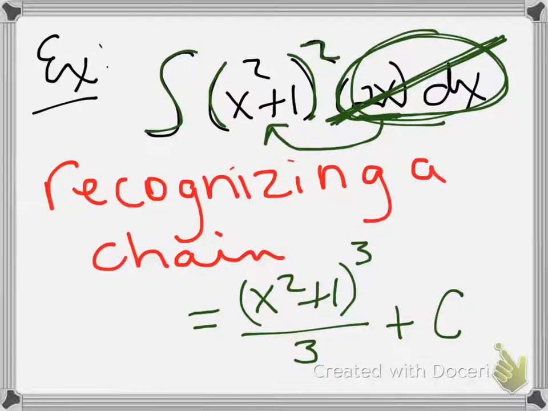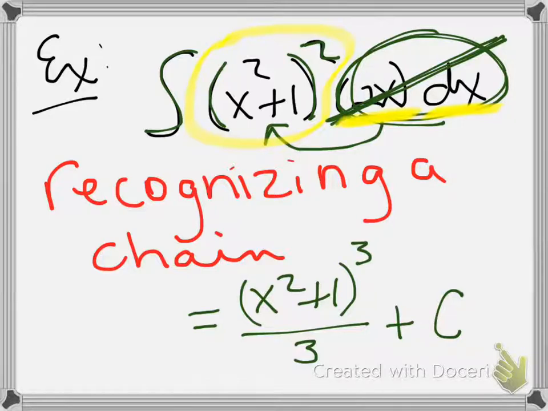And we would have liked to have done it before, but when we tried to do it before, it didn't work out. So if you only have x squared plus 1 squared, you can't do it. But as long as you have that 2x to go with your dx, you can use the same method that we've used before with polynomials.